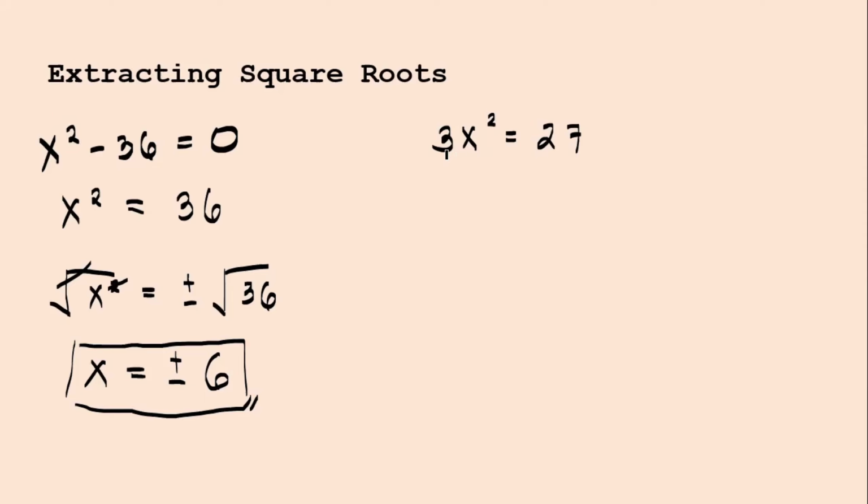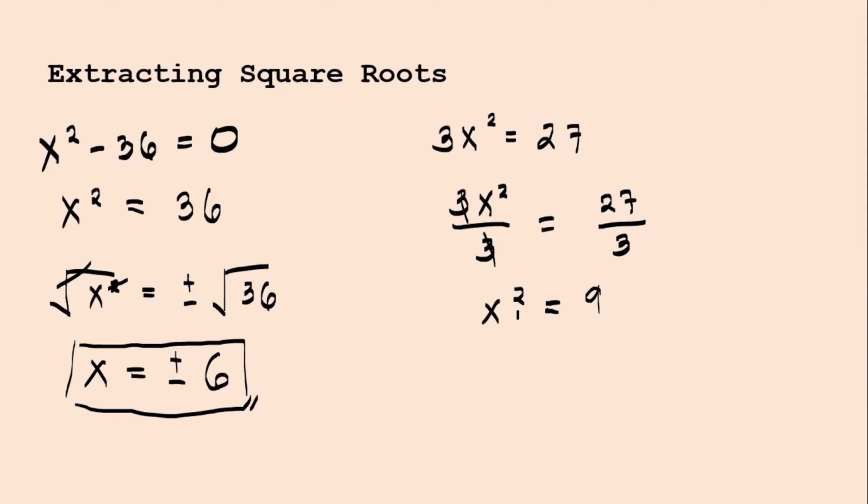But first we need to eliminate this 3. Para matanggal si 3, you need to divide both sides by 3. So cancel, cancel. Ano na lang natira? We have x squared is equal to 27 divided by 3, that is equal to 9.